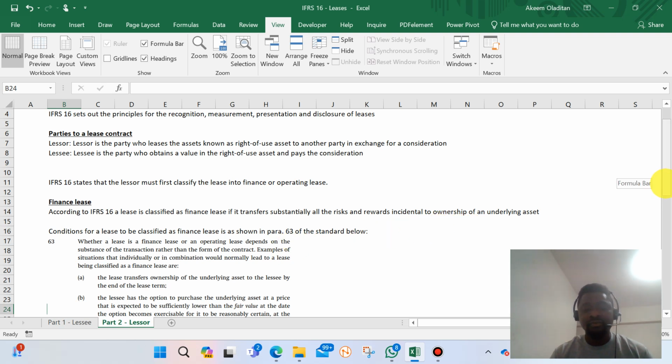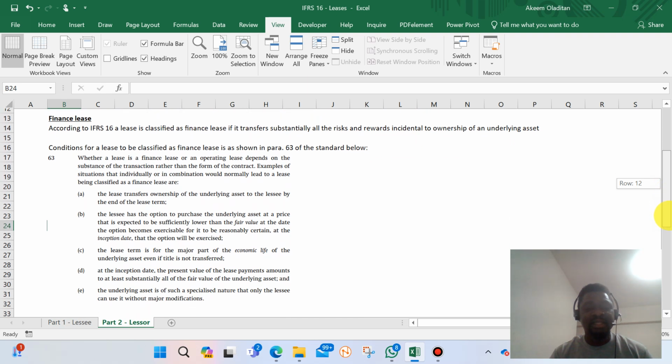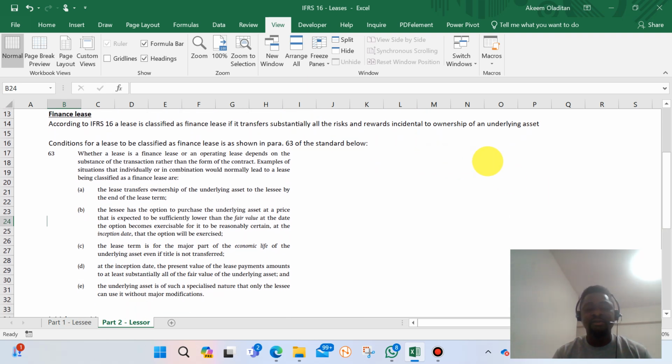Looking at it here, there are some conditions that the standard also talks about for a lease to be seen as a finance lease. The first of them is that the lease transfers ownership of the underlying asset to the lessee by the end of the lease term.